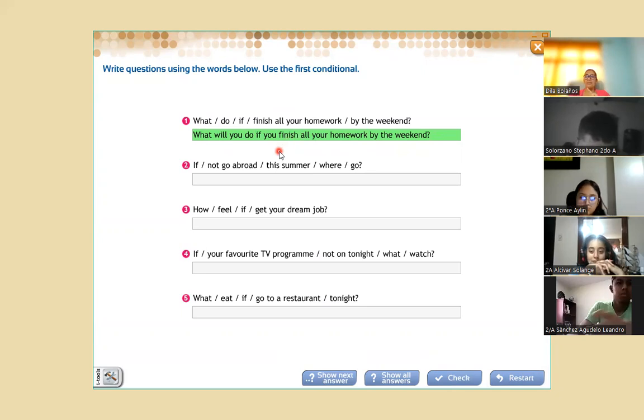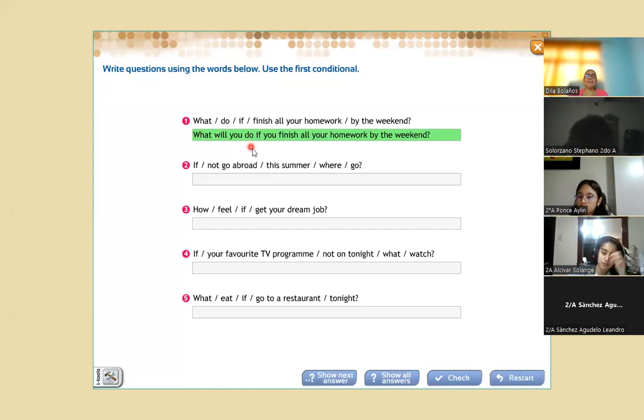If here is a question: will, the principal verb, if, and the complement of the question will be in the present simple tense. Correct the errors in this case. What will you do if? Remember that if is the condition, and the complement will be exactly in the present simple tense. Continue, Stefano, number 2.